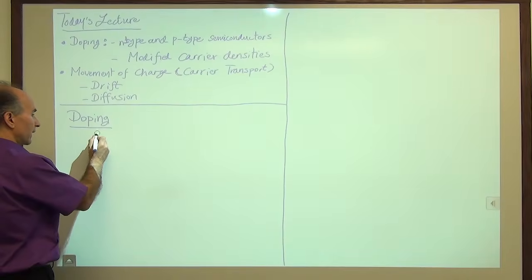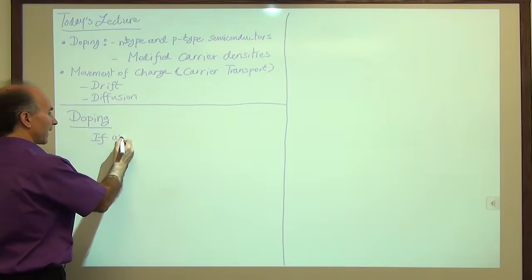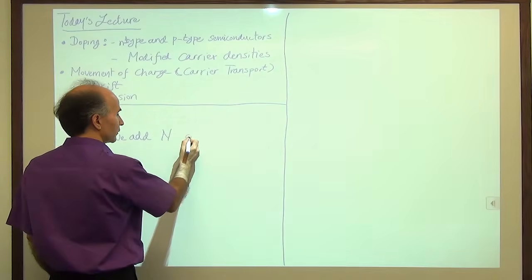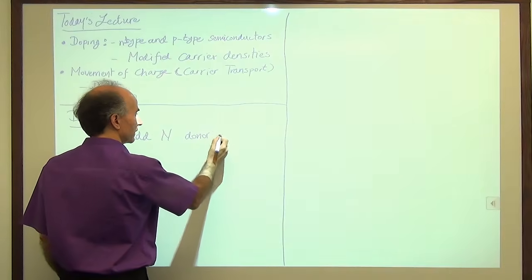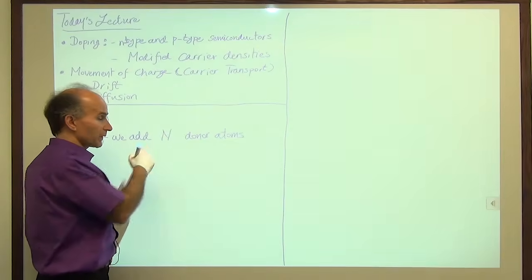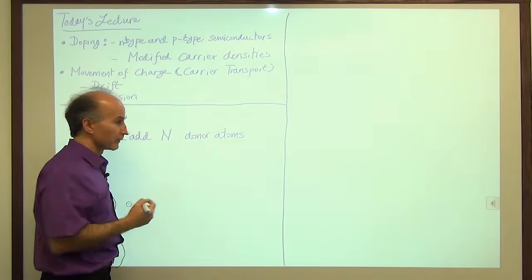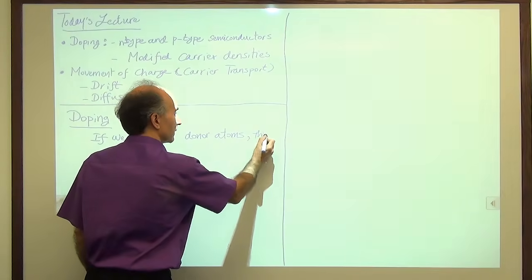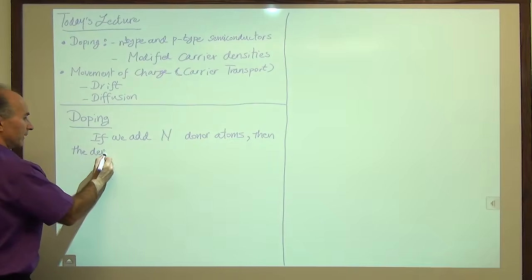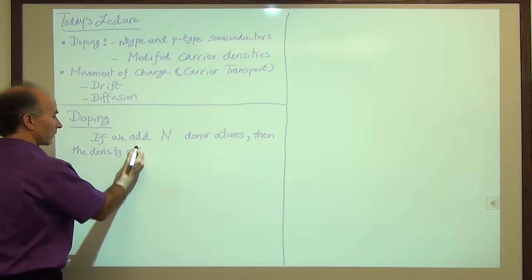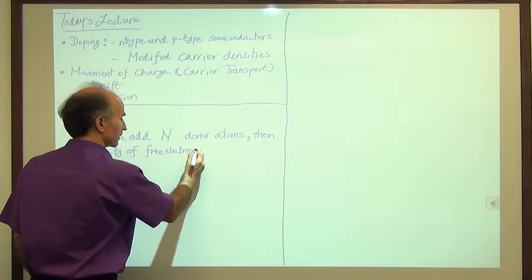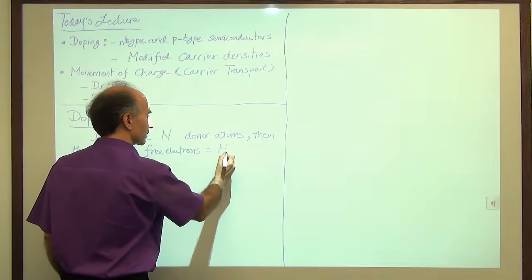So we saw that if we add n donor atoms, for example, phosphorus atoms, then we also add n free electrons. Then the density of free electrons is equal to n.